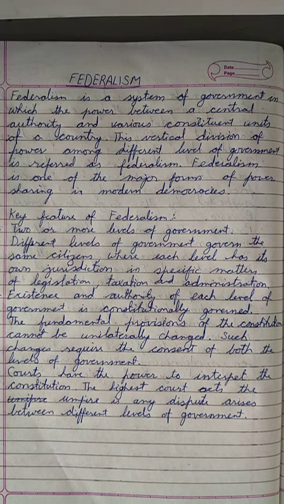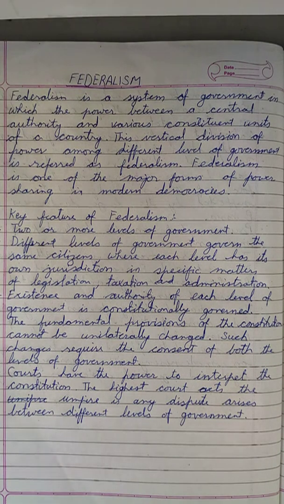But there are some other problems also when it's regarding 2 governments. When there is a fight between 2 governments or 2 states, the case directly goes to the Supreme Court, the highest court.